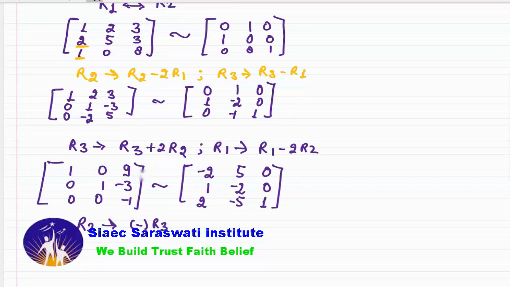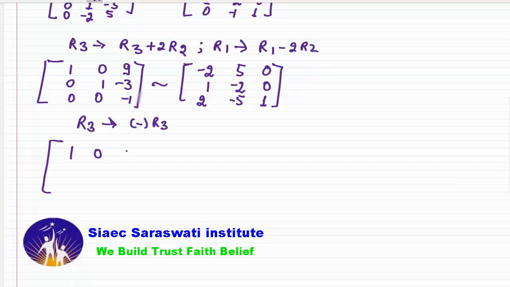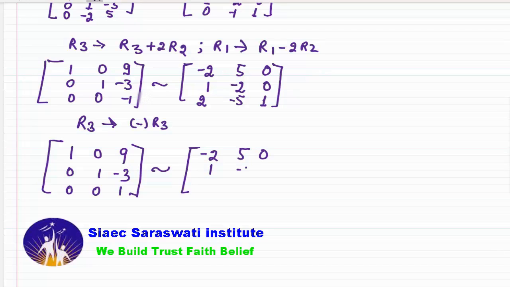So when we do this, the matrix will be 1 0 9, 0 1 minus 3, 0 0 1, and equivalent to this, that will be minus 2, 5, 0, 1 minus 2 0, and when you multiply minus sign to it, it will be minus 2, plus 5, and minus 1.